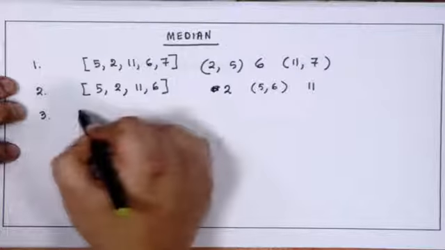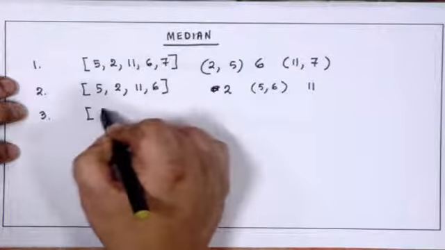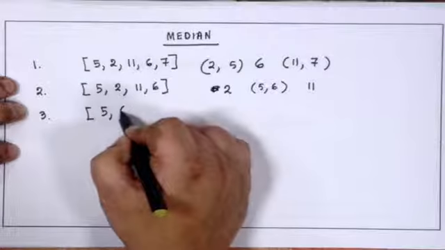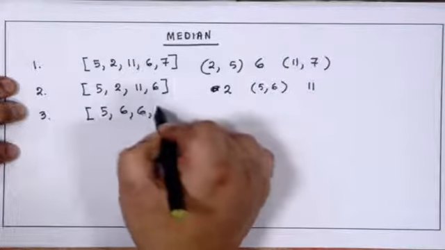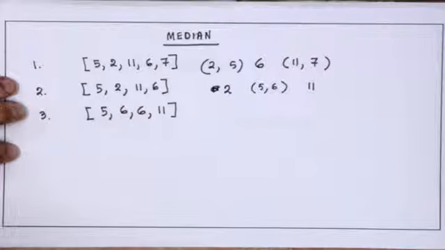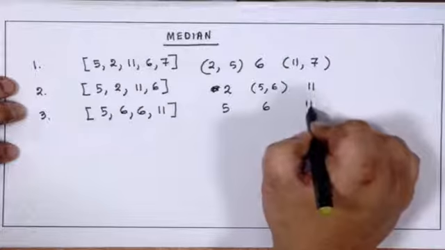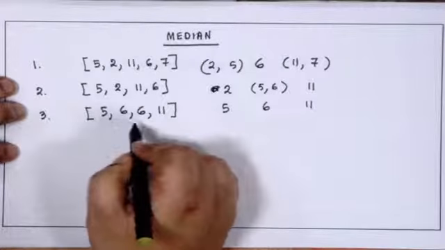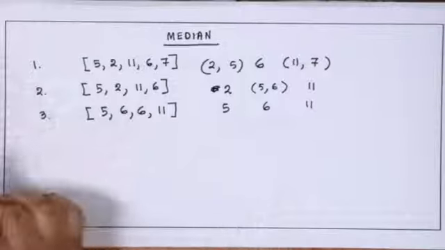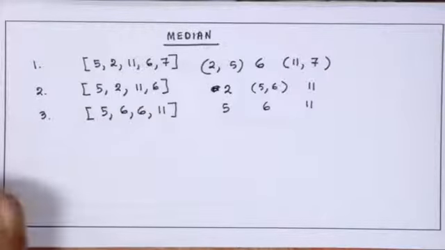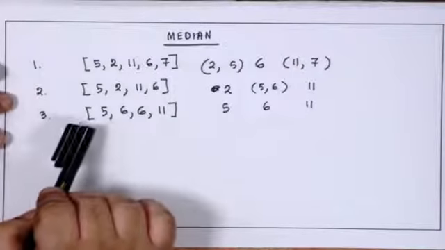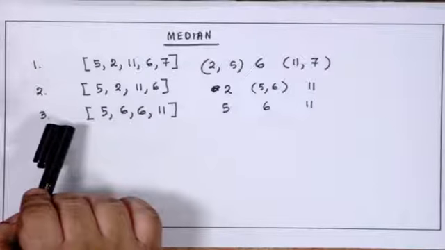Again, on the other hand, if instead of a set, we had 5, 6, 6, 11, then again 6 itself alone is the median, because it is a duplicate element even though there are an even number of elements. So, what I am saying here is that when you define and specify the problem, so that the algorithm's output is properly defined, you have to list out all the cases in the input output specification.